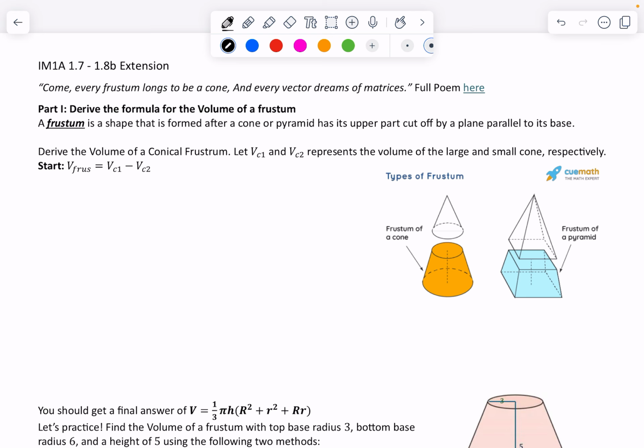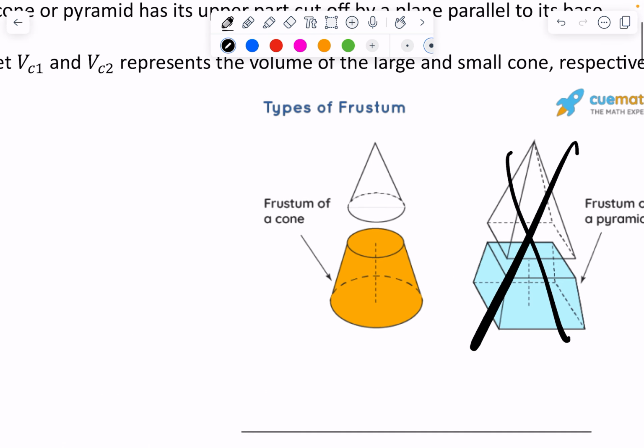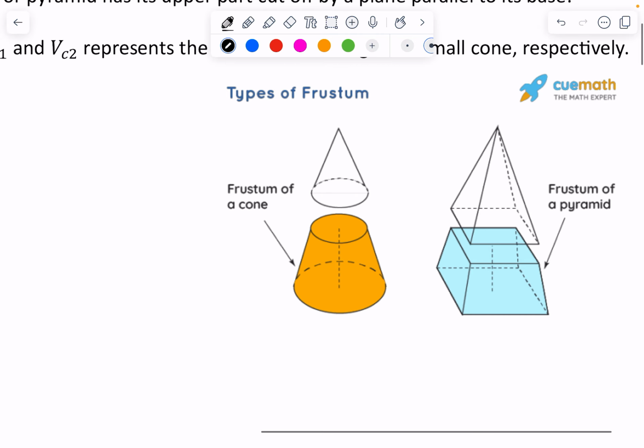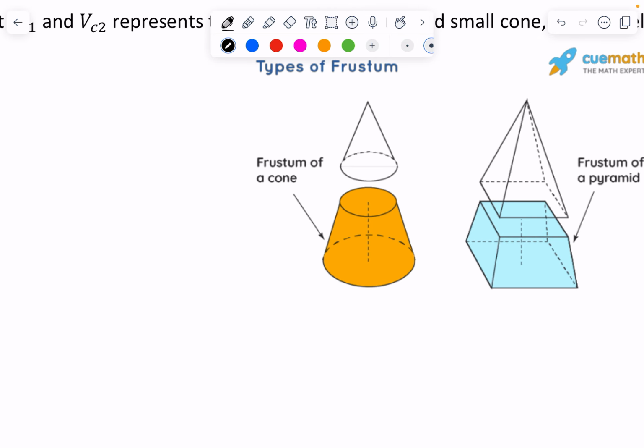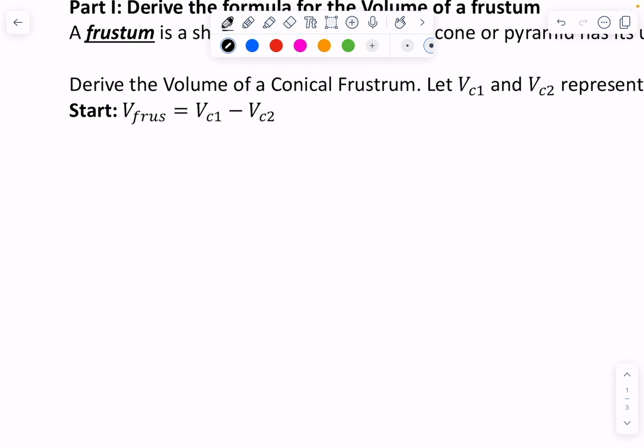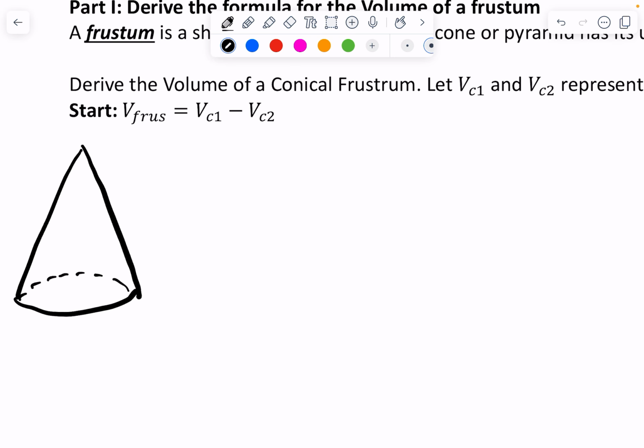In this case, we don't really care about the volume of a pyramidal frustum. What we want to derive is the formula for the volume of the frustum of a cone. So this shape. And how do we do that? Well, we can start by having a large cone and a small cone.